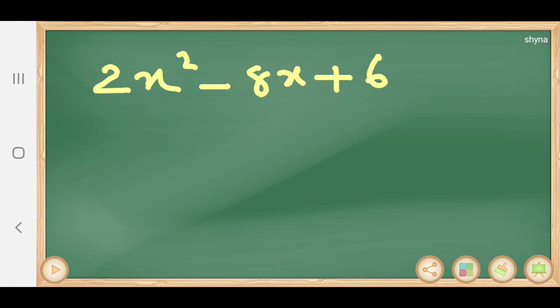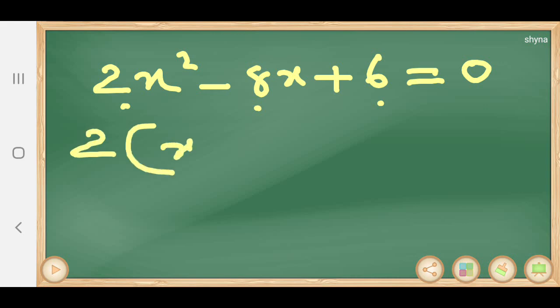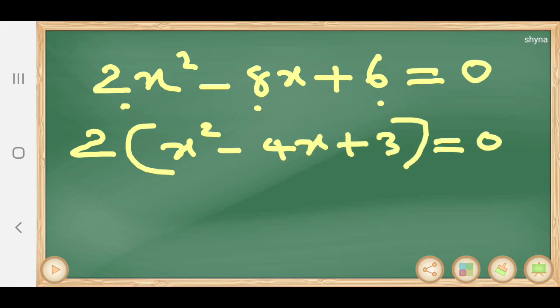Here we have to find out what the zeros are. For 2x square minus 8x plus 6 equal to 0, a quadratic equation, how will you find the zeros? Here 2, 8, 6 are all multiples of 2, so I can take 2 common. It will be 2 into x square minus 4x plus 3 equal to 0.